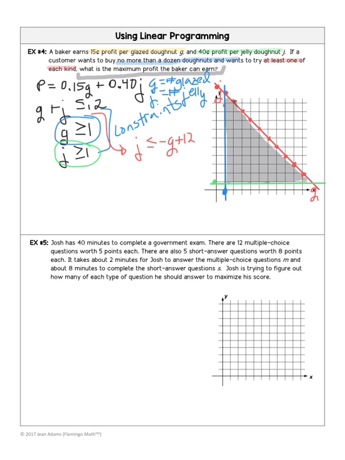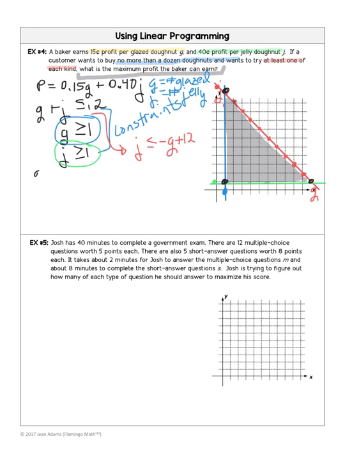Okay, so then we have to find our vertices. So this is one vertex, a second vertex, and a third vertex. So let's set up our chart or table to find our maximum profit.